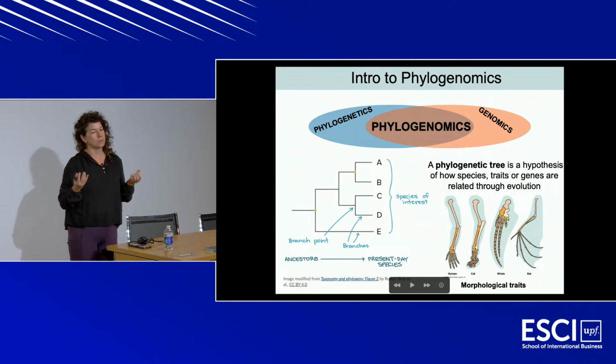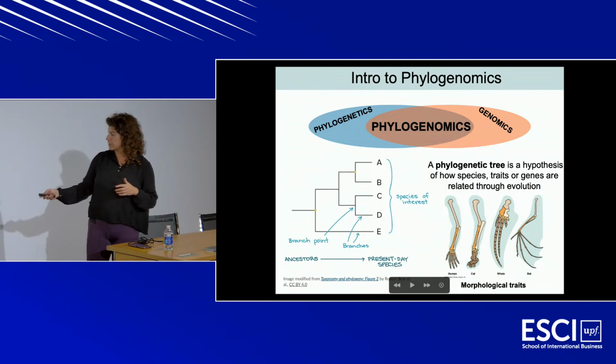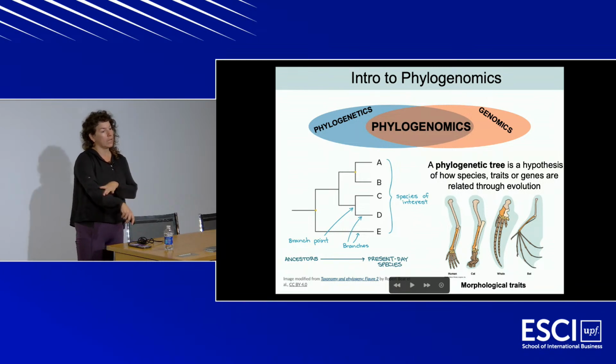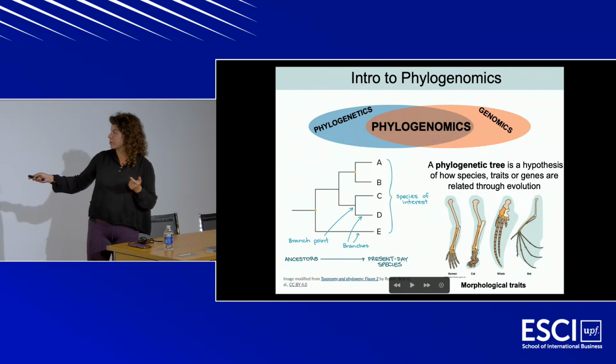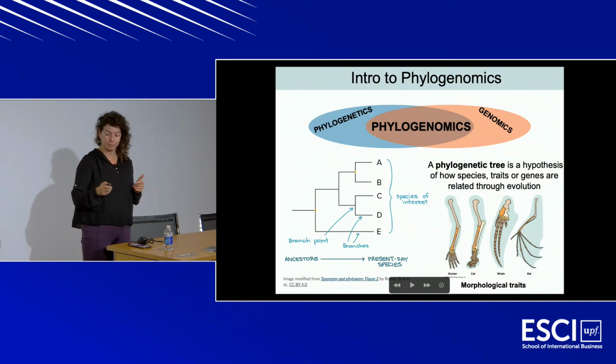At the beginning, scientists were using morphological traits. For instance, if we want to compare different species, let's say a human, a cat, a whale, and a bat, one can think about which bones within the arms are homologous, similar to each other, and we can start clustering this in a phylogenetic tree to understand how these species relate to each other.